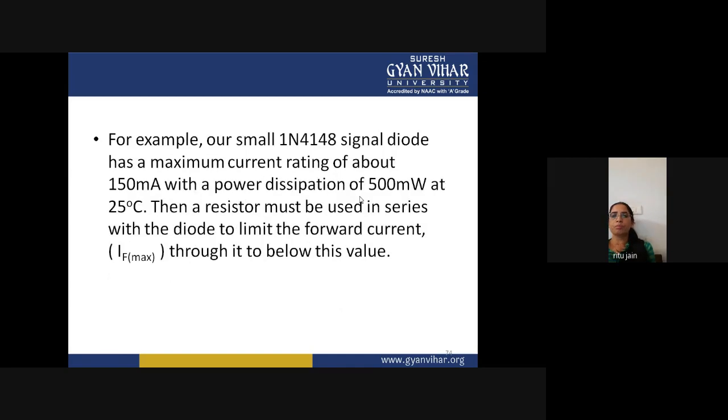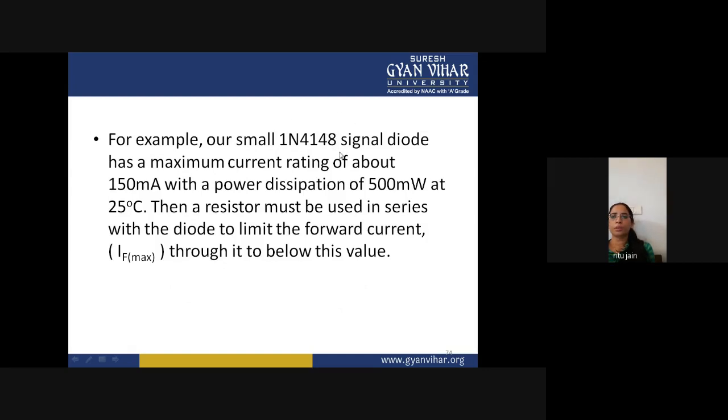Okay. So for example, if we are taking a small 1N4148 signal diode, actually 1N4148 is the number of the diode by which you can get the signal diode.